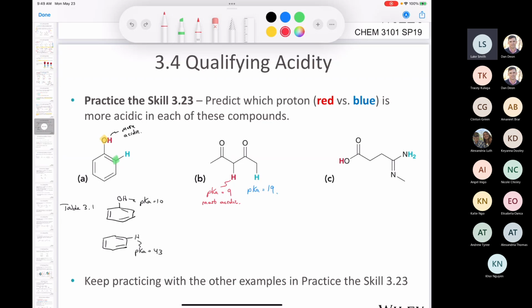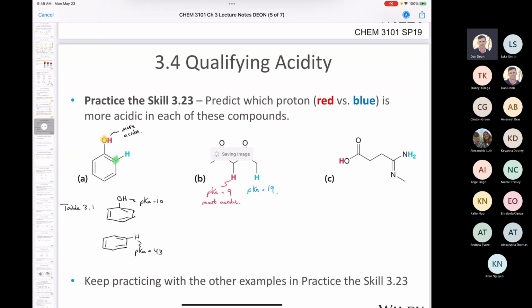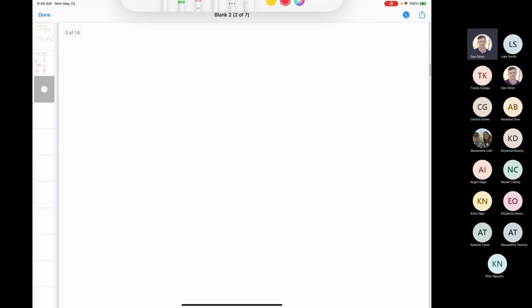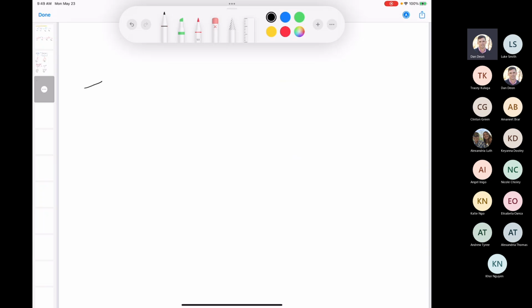My guess is it has to do with resonance once the hydrogen atom is lost off of that carbon. Absolutely, it's definitely to do with resonance. If we draw that molecule out and remove the proton in red, the proton in the middle, you end up with this carbanion, and you can draw a resonance structure where you have the negative charge up on this oxygen.